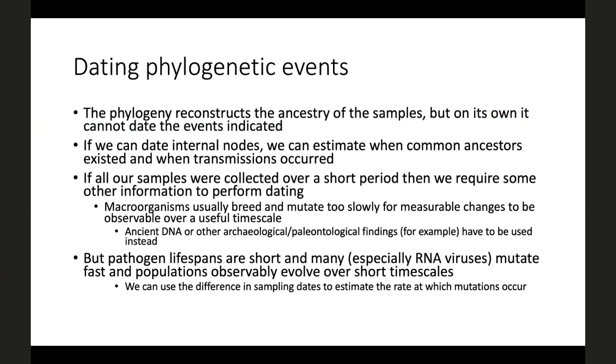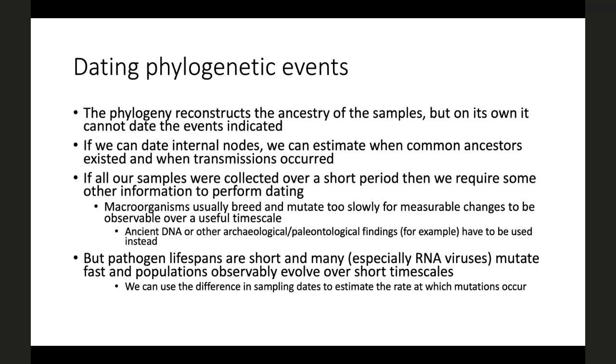But what we'd like to be able to do is to date those internal nodes, so we can then estimate when common ancestors existed, and that implies when transmissions would have occurred between individuals. If all we have is samples that were collected over quite a short period, then there's not much we can tell from that, and we're going to need some other information for dating.